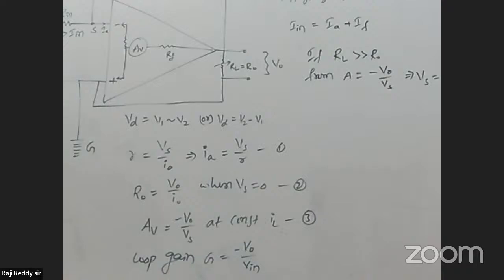First you can find out the I in value, the input current, and the feedback current.